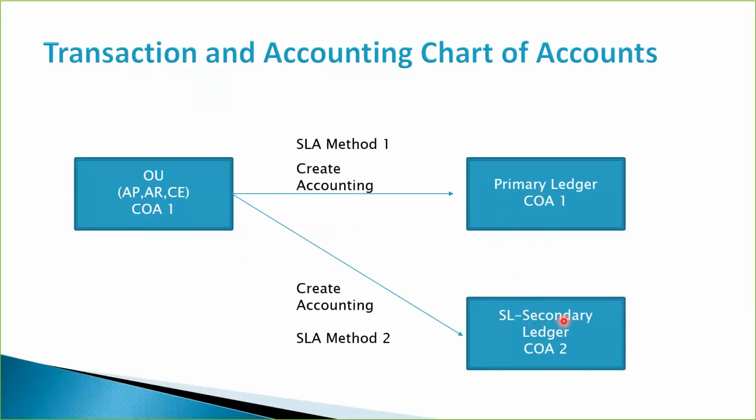Okay, so when you have this kind of setup, you enter a transaction at your operating unit for whatever sub-ledger module. Let's take AP, for example. You have posted your transactions there, you have entered invoices, you have created payments, right? Maybe at a certain time, you create accounting for your transactions. When you create accounting, the create accounting program, which is owned by your SLA module, will create accounting and send that information to your ledgers, all right?